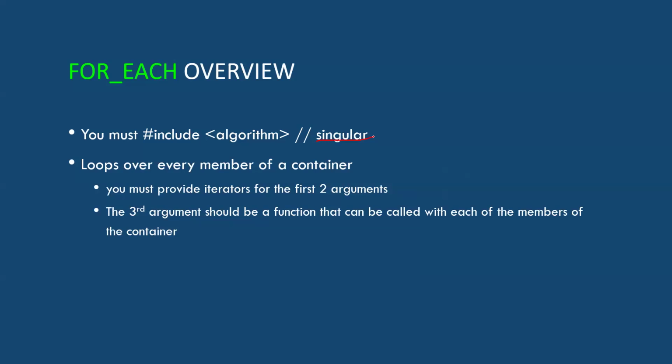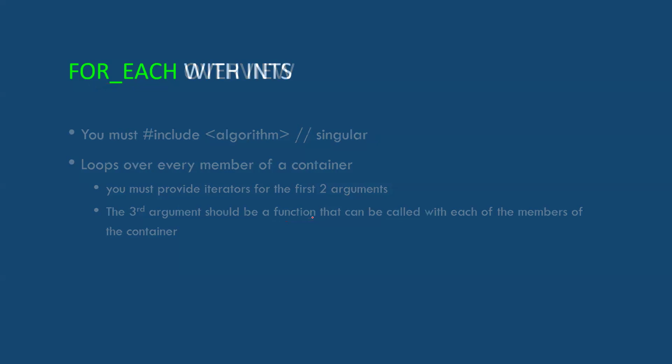So for each loops over every member of some container, and you have to give it two iterators for the first two arguments, but the third argument is a function name that can be called with each of the members of the container, one by one by one by one. That's why we call it for each. That means our function can only accept one argument at a time, but we can construct our lambda with some capture if we wanted to.